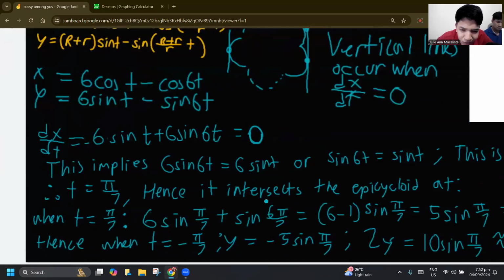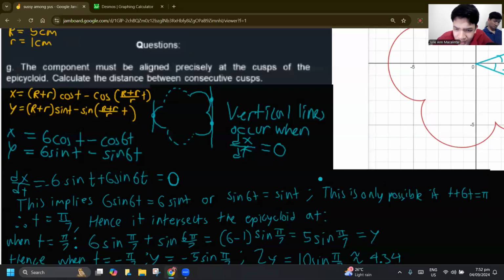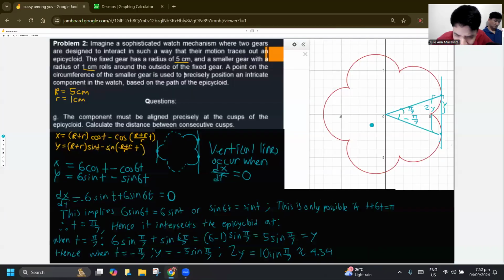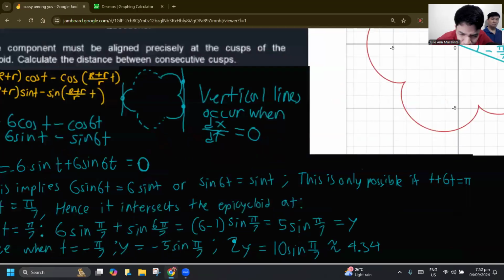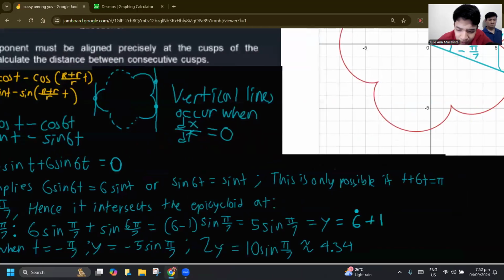So what did we conclude earlier? Sine 60 is equal to sine t. We're going to use this. But since it's on the opposite side, that can be said to be minus 1 times sine pi over 7. So that's 5 sine pi over 7. Or another conclusion is, since these are equal, we can also say that it is 6 plus 1.